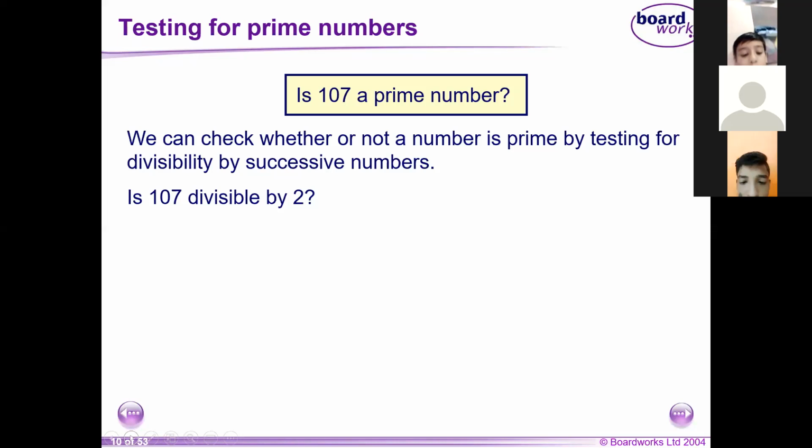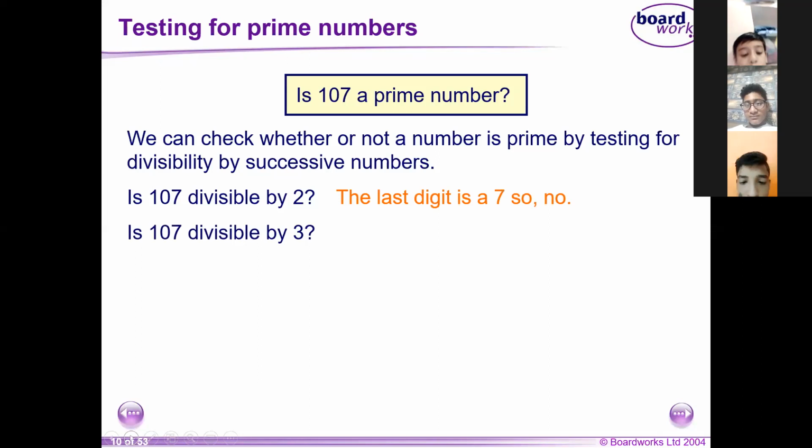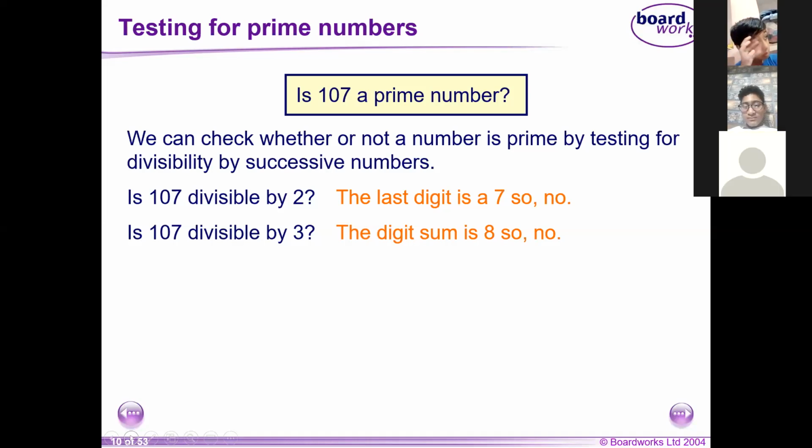So it is not divisible by 2. The last digit is 7. So no. Is 107 divisible by 3? The digit sum is 8, because 7 plus 1 is 8. So of course it is not divisible by 3.